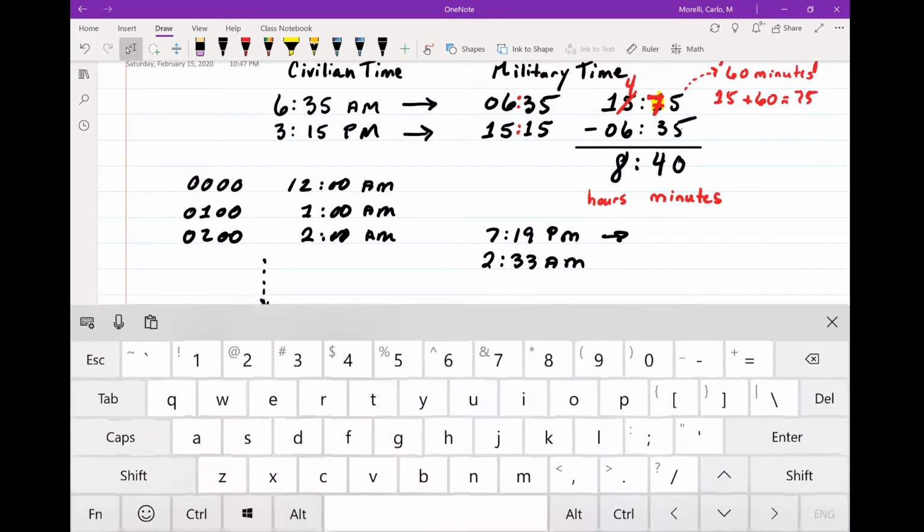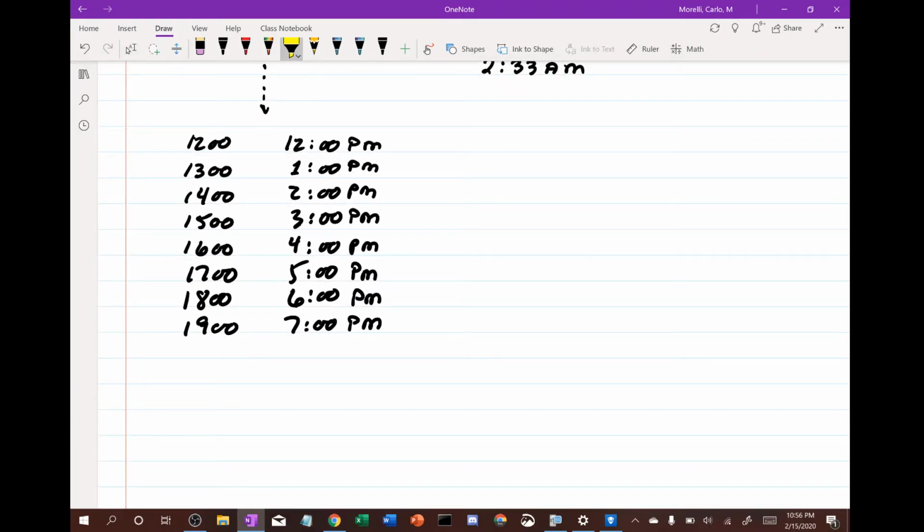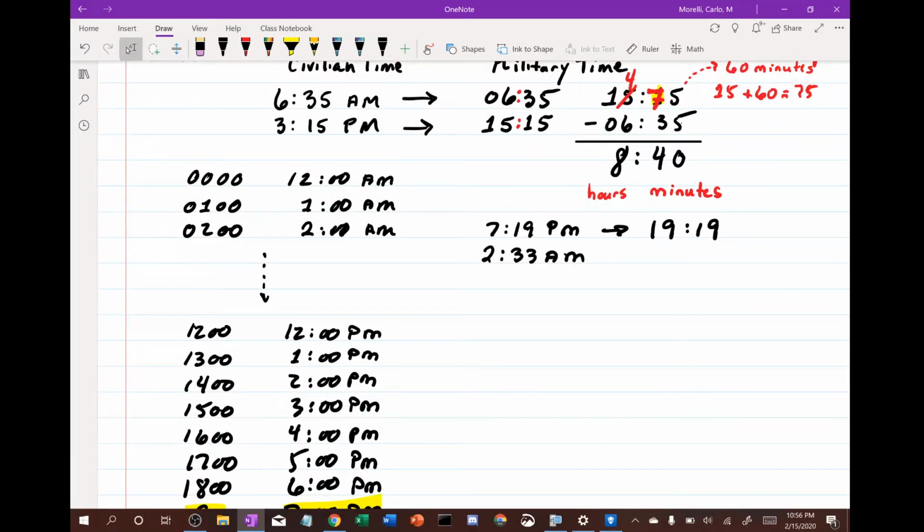So 7:19 p.m. would be 19:19. See? 2:33 a.m. is right here. So you would just be at 0200.